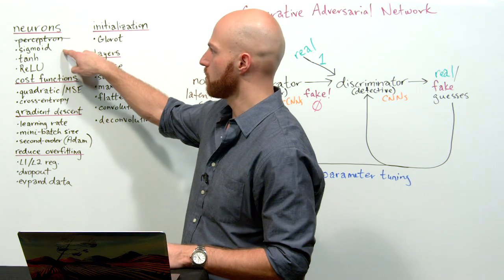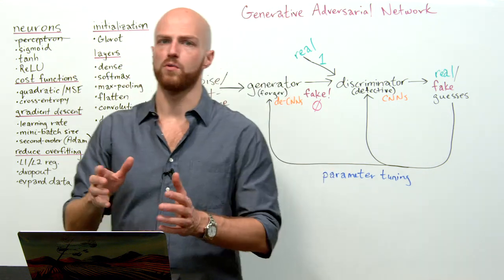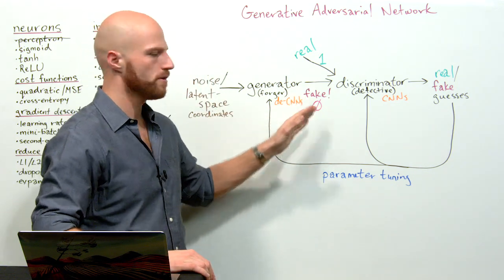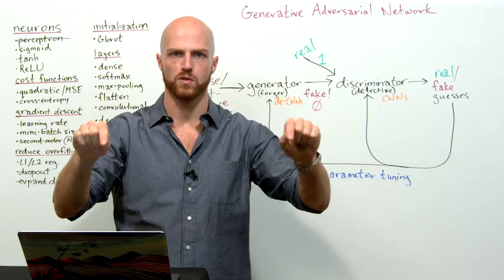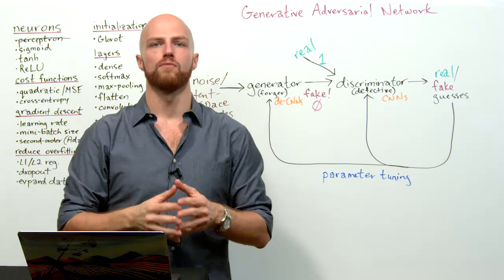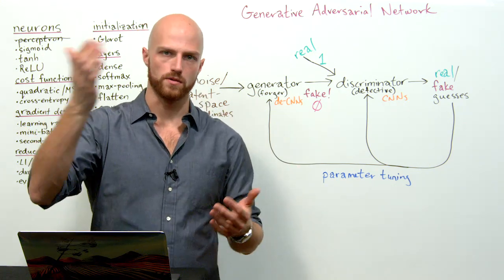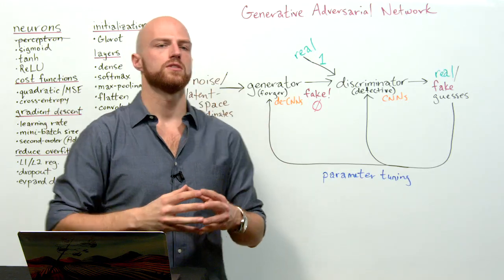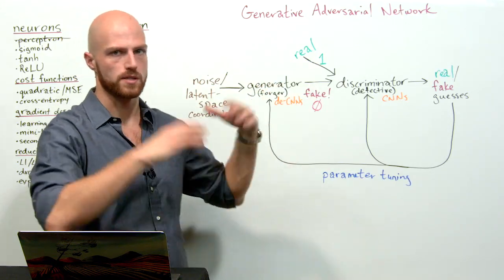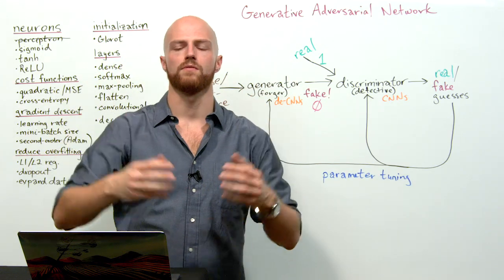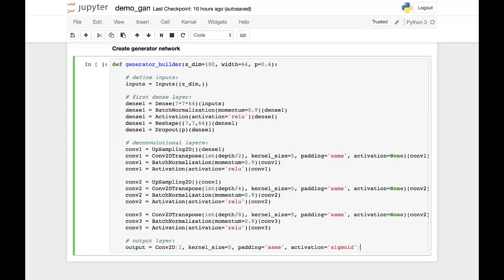The reason we're using sigmoid, again, is that sigmoid neurons output a value between 0 and 1, and we want this generator to be producing one 28 by 28 pixel image with values at each pixel from 0 to 1 representing the darkness of the image, where 0 is white and 1 is black. So this corresponds to the real images. They're exactly that same kind of idea, 28 by 28 pixel images with a range from 0 to 1 representing pixel darkness. This layer is taking conv3 as input.